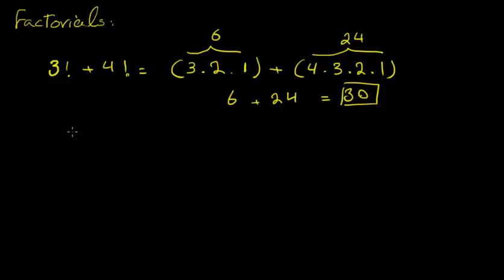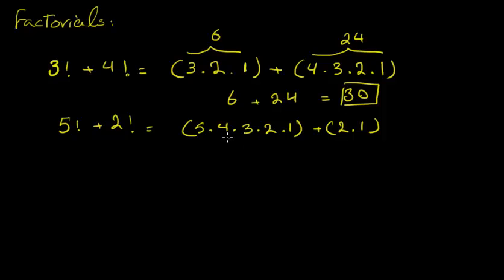Or let's say we have 5 factorial plus 2 factorial. Again, we write it as 5 times 4 times 3 times 2 times 1 plus 2 times 1. 4 times 3 times 2 times 1 is 24.